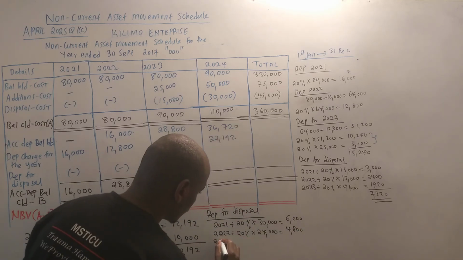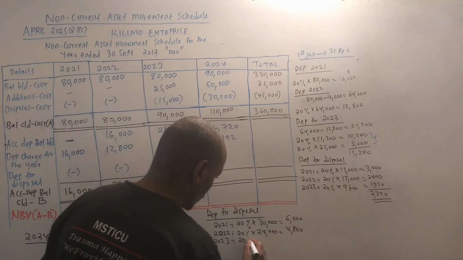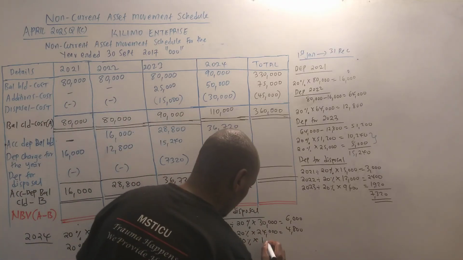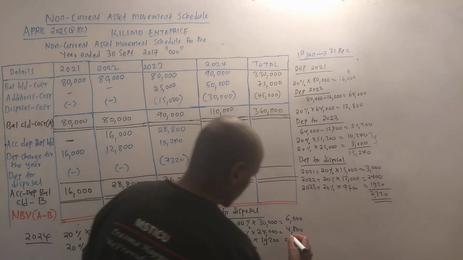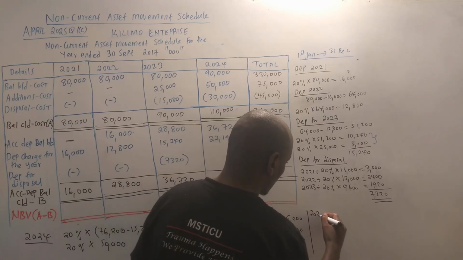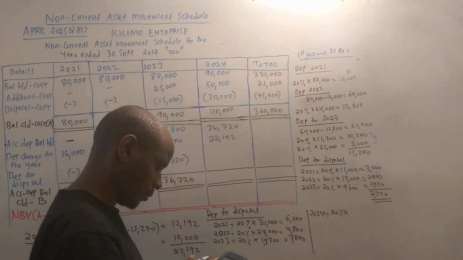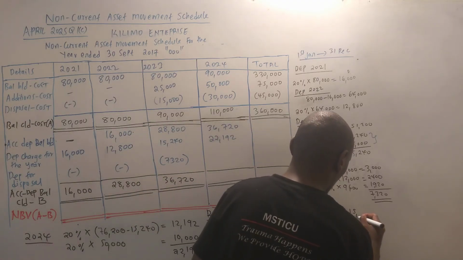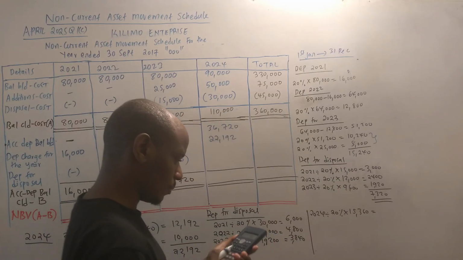Then for 2023, 24,000 minus 4,800, 19,200, times 0.2 is 3,840. 2024: 20% times 19,200 minus 3,840, 15,360. So 0.2 times 15,360. That is 3,072.